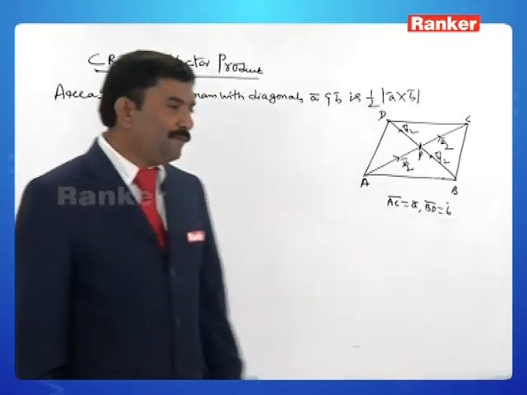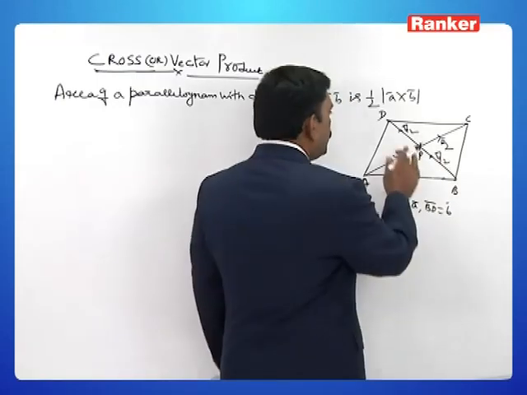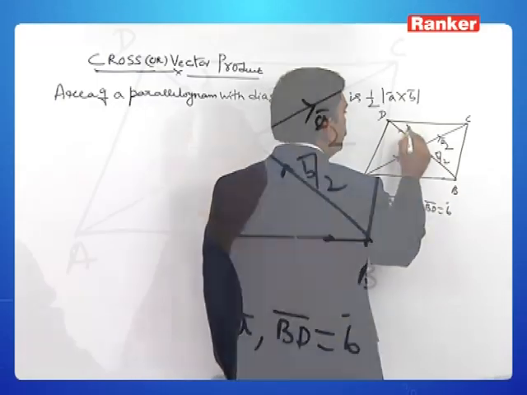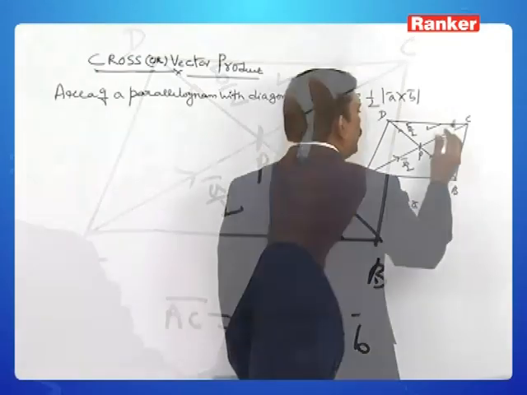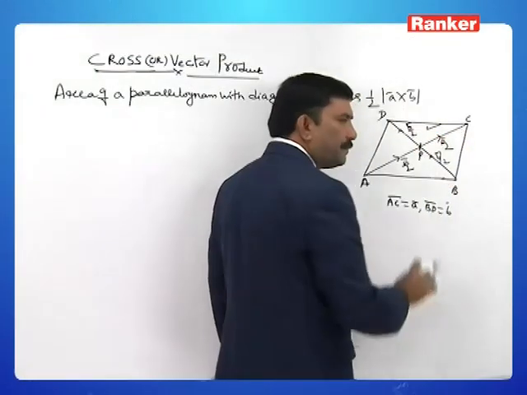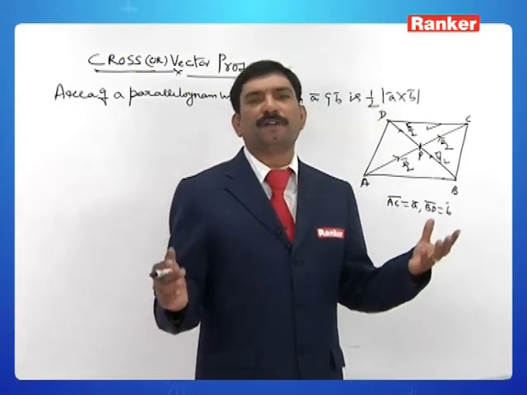Here, A bar by 2 and B bar by 2 are the two sides of this triangle, irrespective of the dimension.